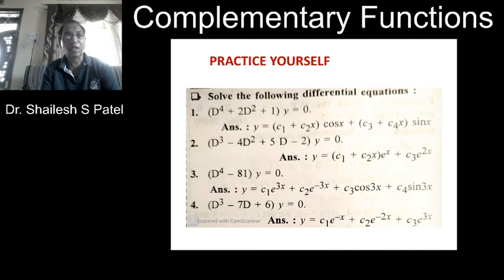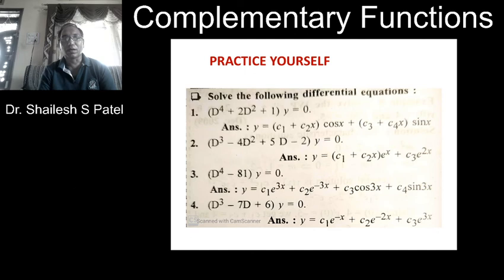So we can solve the homogeneous part of the equation by considering the right hand side equal to 0. Here in this part, whatever we have seen, the right hand side was given as 0. So we have not written the complementary function as yc. Simply we have written it as y because it is the general solution.